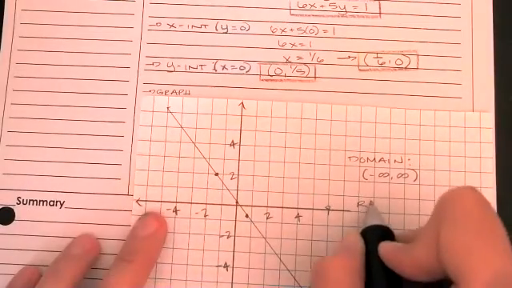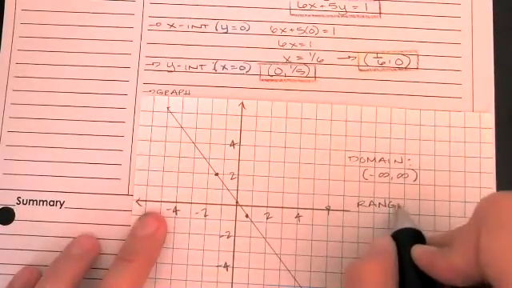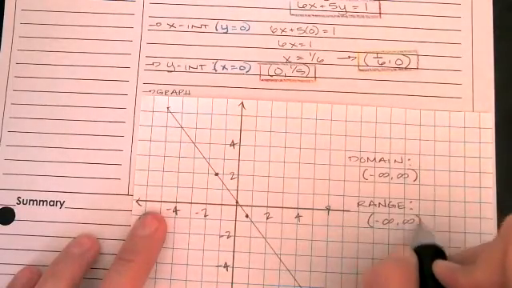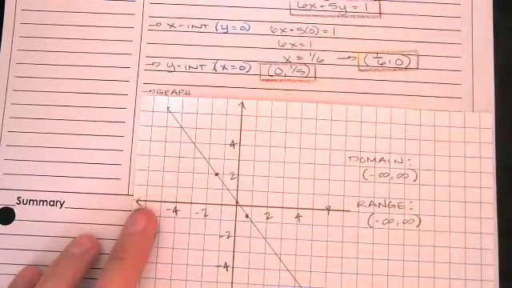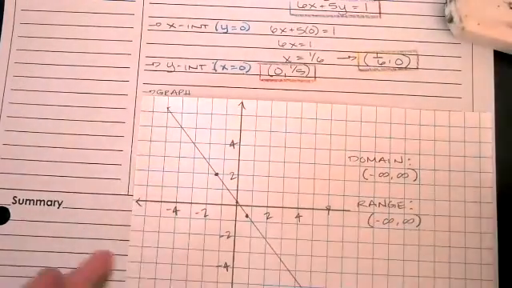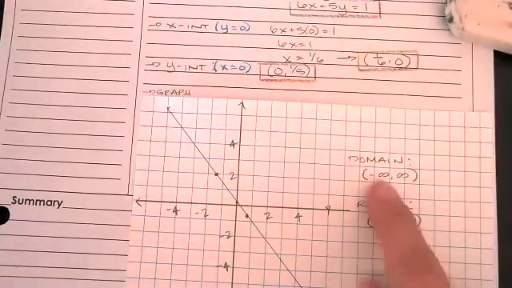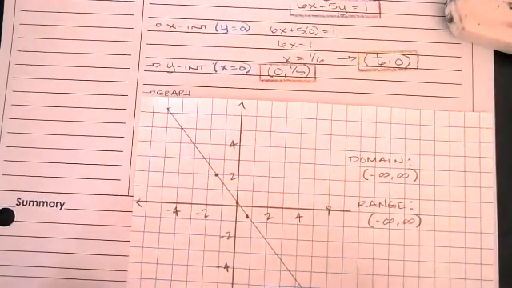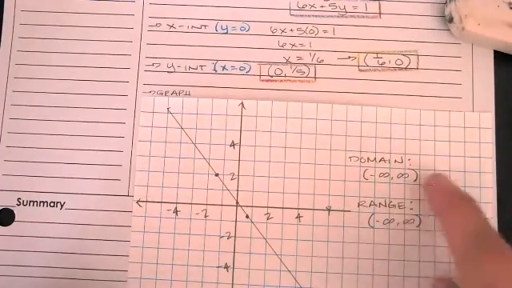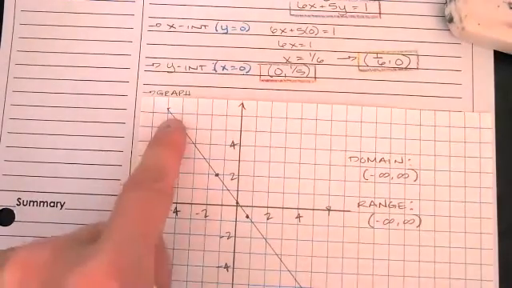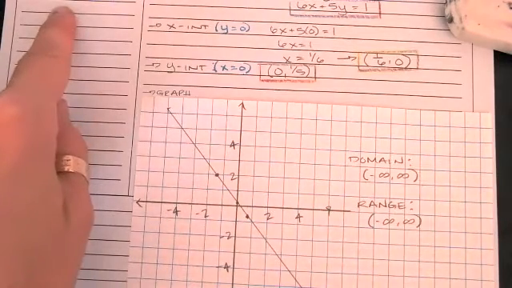Please parentheses around infinities, -infinity to +infinity. And the reason for that, the parentheses, is because we can't include, we can only approach infinity or -infinity. And the other reason, lines are always going to have this domain and range because they go on and on forever in both directions.